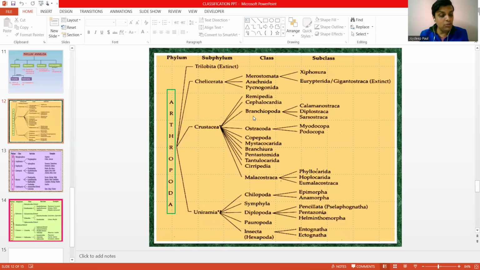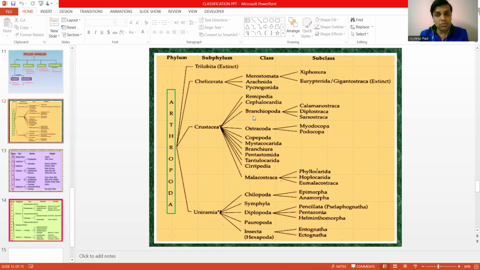The 12 segmented abdomen is subdivided into a 7 segmented mesosoma and a 5 segmented metasoma. A prominent spike-like caudal spine or telson is present at the end of the body. So these are the characteristics of class Merostomata.